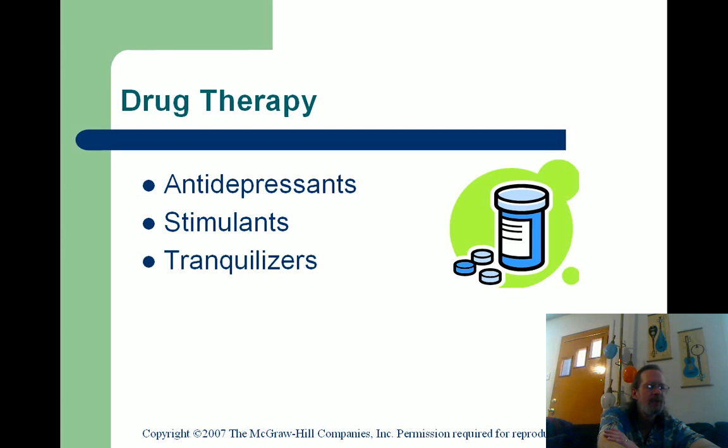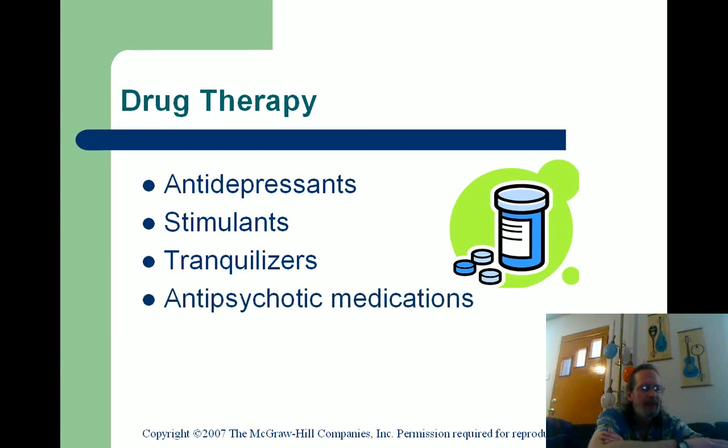Tranquilizers tend to help with things like OCD, calming them down and balancing out some of their feelings of anxiety. Antipsychotic medications can be helpful if the kids are starting to have schizophrenia, those sorts of things.